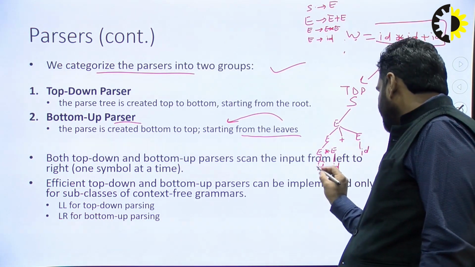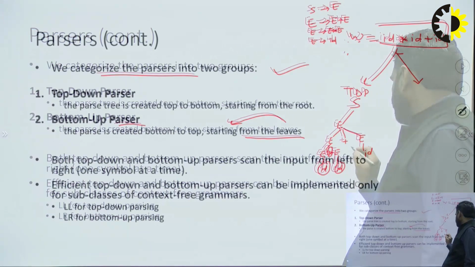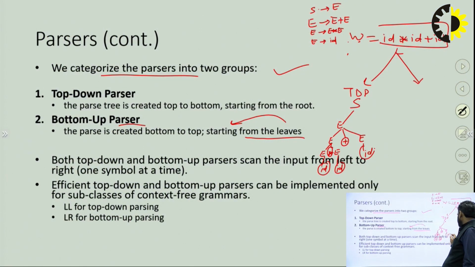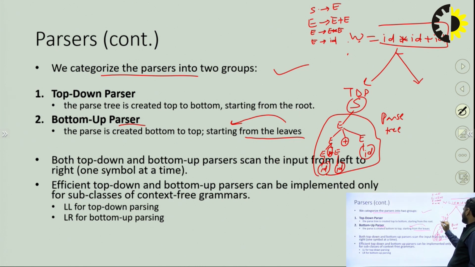So this is our parse tree, in which we start with the start symbol and go up to the terminal symbols. These are all terminal symbols: id, asterisk, plus, id. They all represent terminal symbols of the grammar. This is the production rule through which we derive by means of the top-down parser, in which we start with the starting symbol and go up to the leaves. Leaves represent terminal symbols.